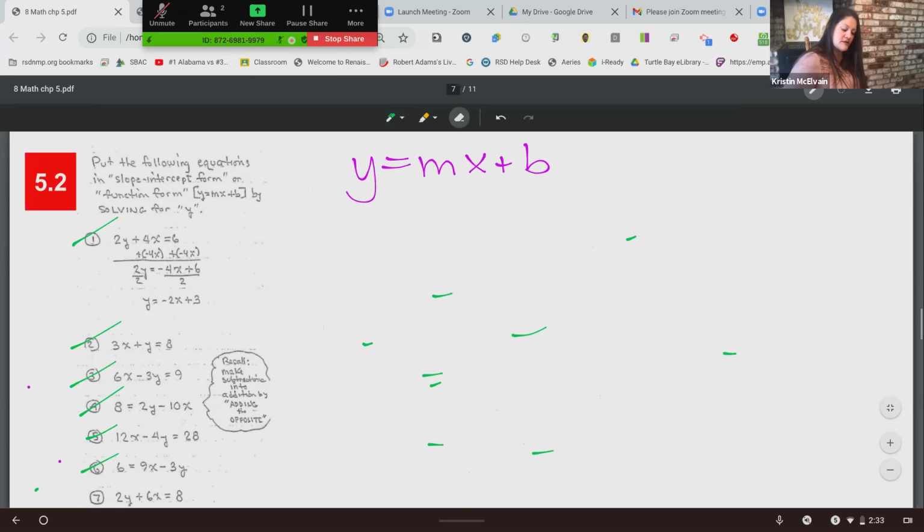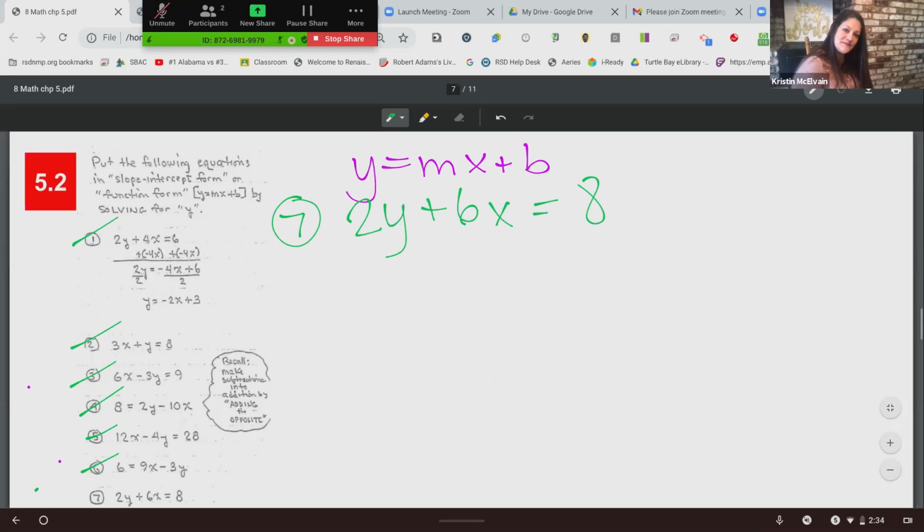All right, almost. There's all my negative signs left. Okay, number 7. 2y plus 6x equals 8. Solving for y, so it matches my y equals mx plus b. So I'm going to add the opposite to get my 6x on the other side. Whatever I do to one side of the equal sign, I have to do to the other.